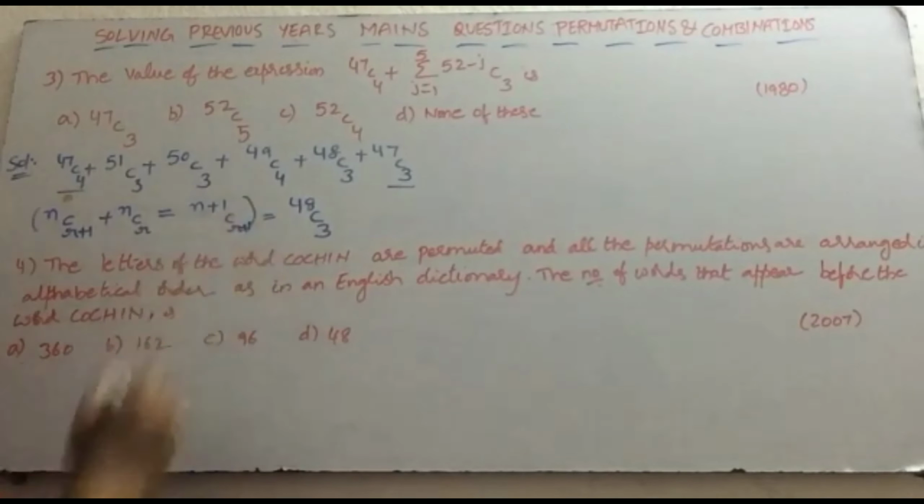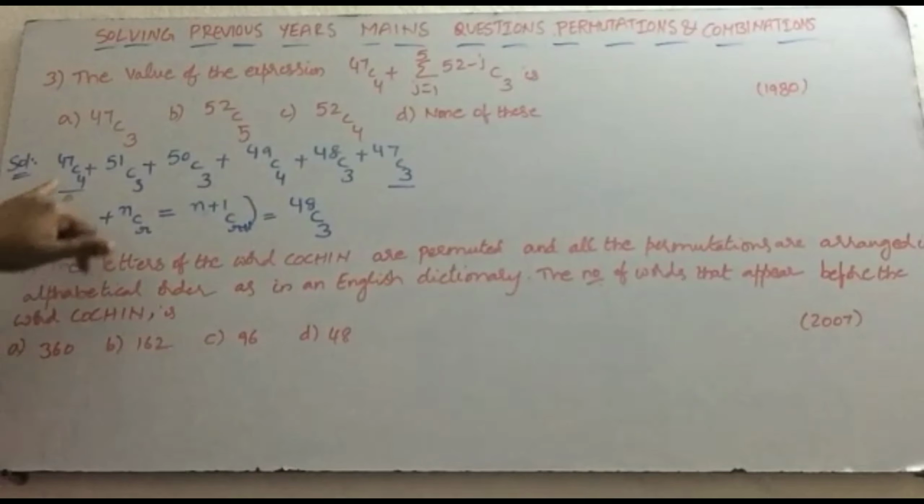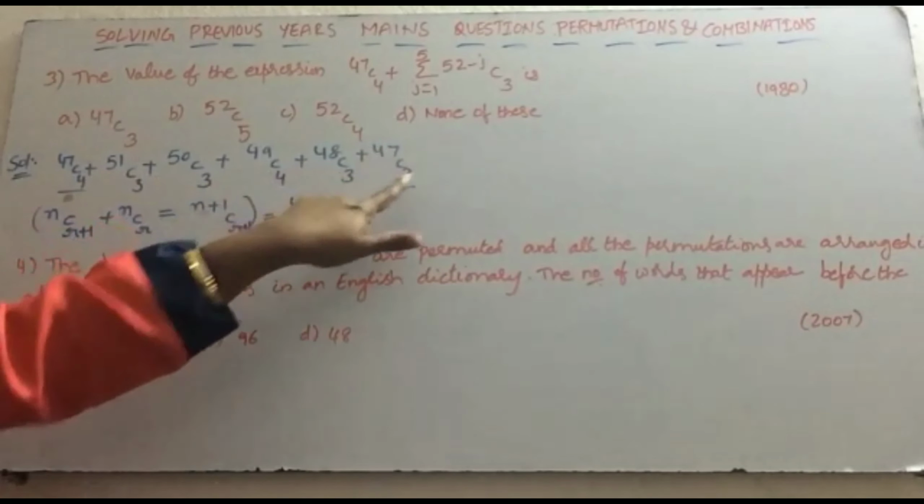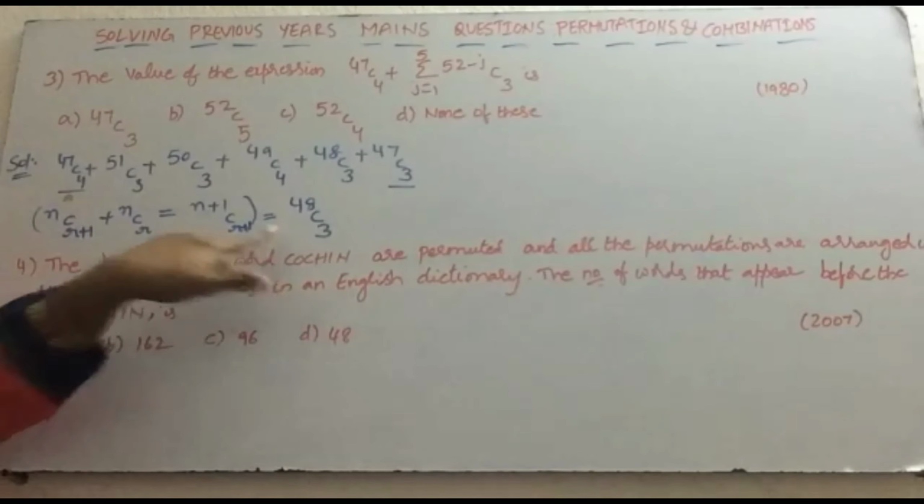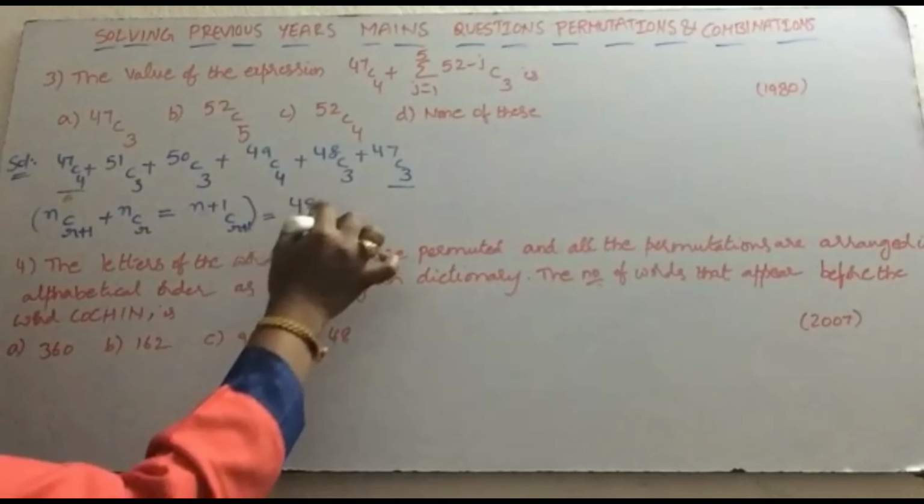Likewise, 47C4 plus 47C3 is equal to 48C4.